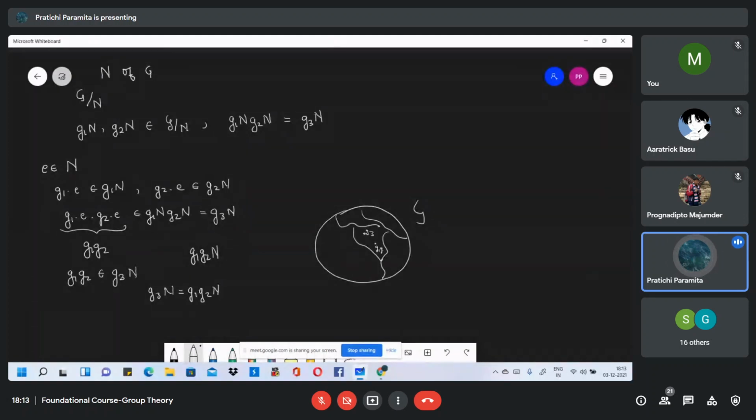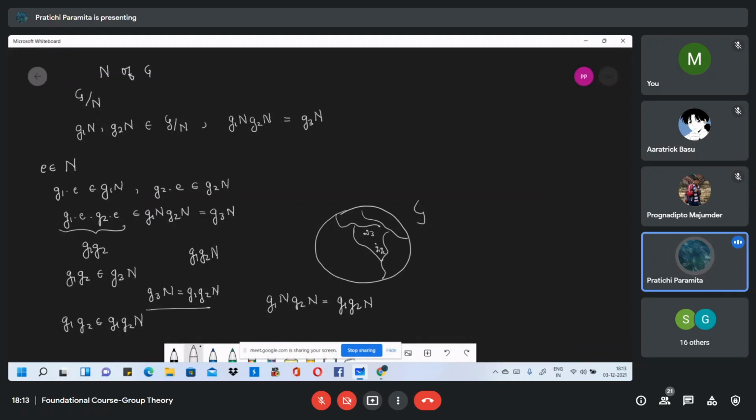But since they belong to the same left coset, G3N is nothing but G1 G2 N. So this does not mean that G1 G2 is G3. It's important. So I'll say that G1 G2 is in G1 G2 N. That means G1N G2N is nothing but G1 G2 N if G mod N is a quotient group.